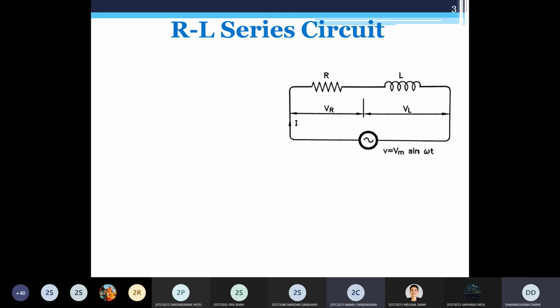Sir, decrease. No, sir, it will increase, because tan phi is the phase angle, and it is equal to omega L over R, so it is directly proportional. So it will increase the phase angle.